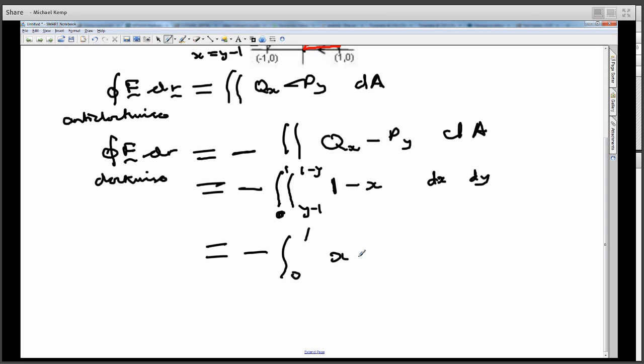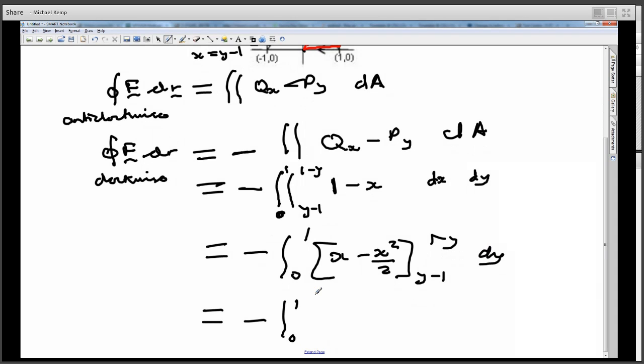So x minus x squared on 2, subbing in y minus 1 and 1 minus y. Subbing those in, if you sub in 1 minus y and 1 minus 1, you end up getting 2 minus y on the top. Subbing both of them into the squared term, they end up cancelling out, which is the observation I made earlier, effectively. dy.